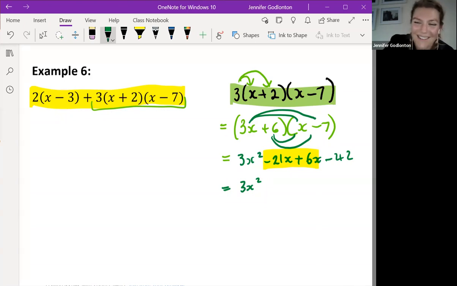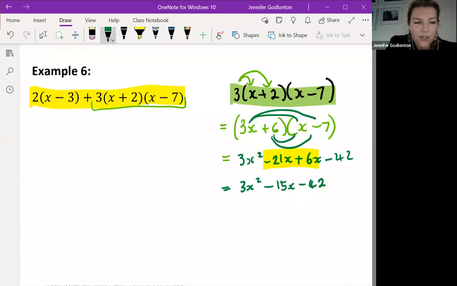Negative 15. There we go. Nice. Okay. And then we're going to have our negative 42. Cool. That's our first green version.